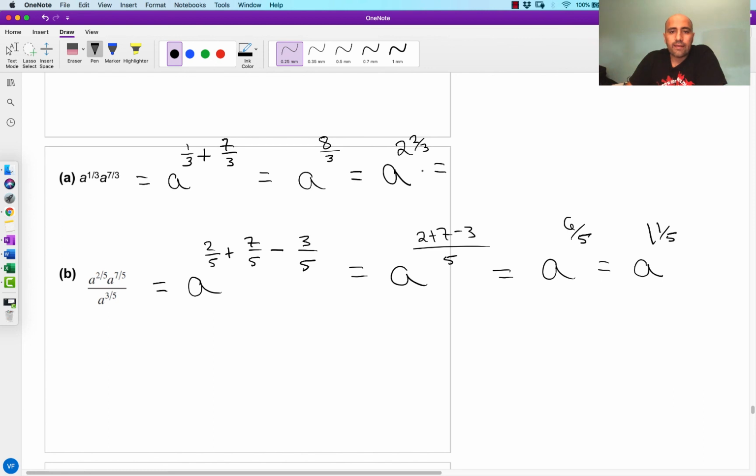Okay, this one then can be separated as a to the 2 plus 2/3, because this is a mixed number. And we know that we can separate this as a squared times a to the 2/3 power.